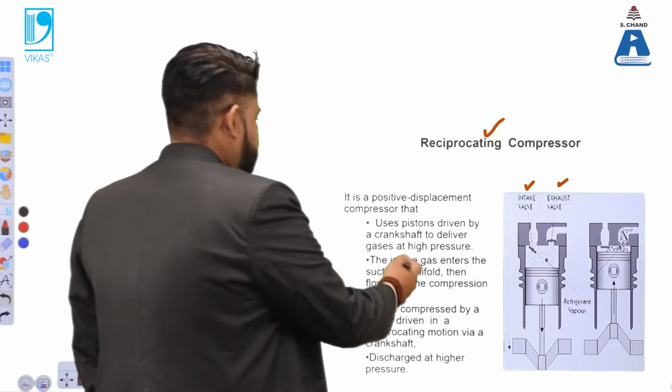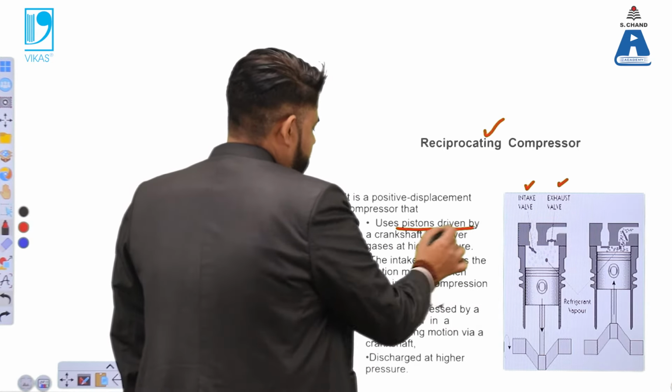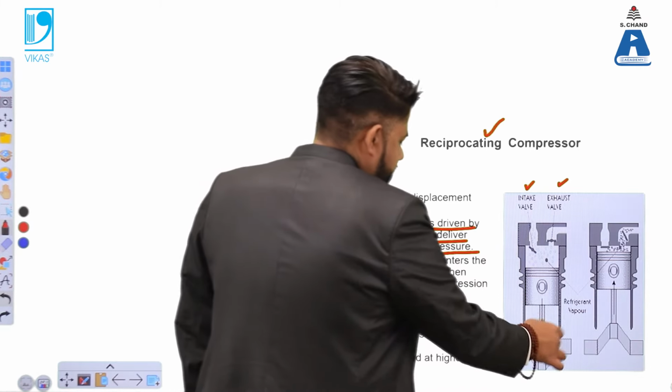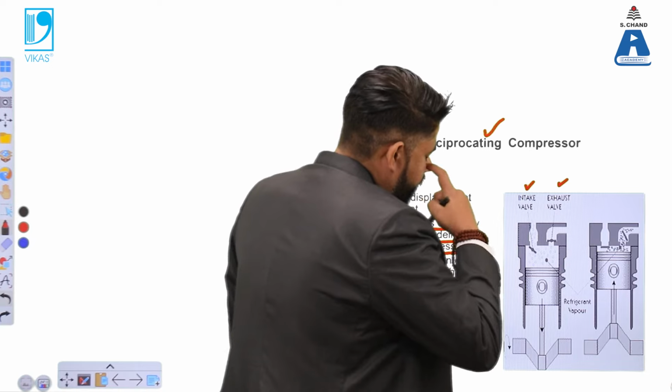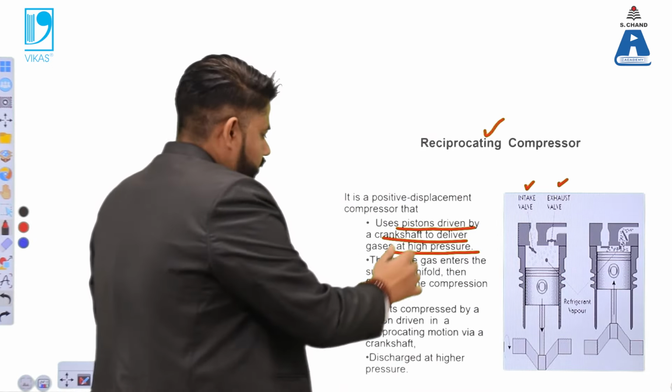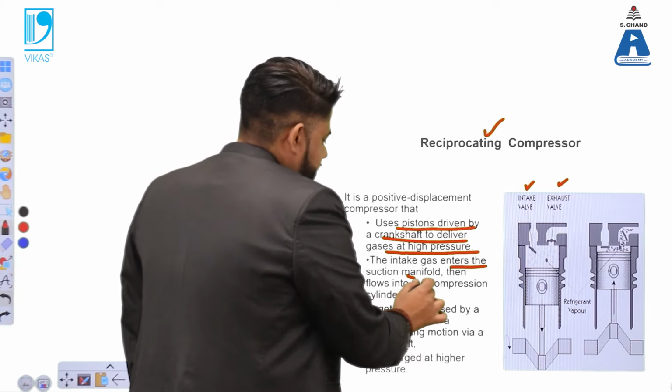So you can see that it uses a piston driven crankshaft to deliver the gases at high pressure. There is a crankshaft below, and the piston is connected to that crankshaft. As I have told you, the intake gas enters the suction manifold.